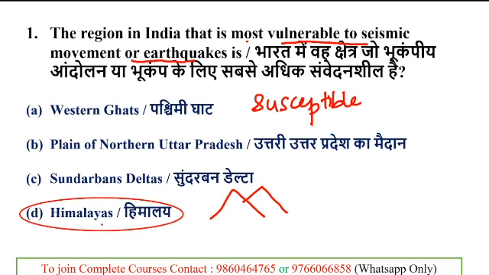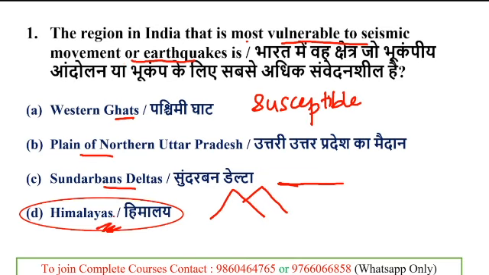So you can remember the Himalayas as the hilly region. In a hilly region, the movement of the earth will cause more damages. Clear? The Sundarbans Delta is like a plain place, a delta here. And the Western Ghats is also vulnerable but not as much as the Himalayas. Clear? So you can log the option Himalayas whenever you see the question on the screen.